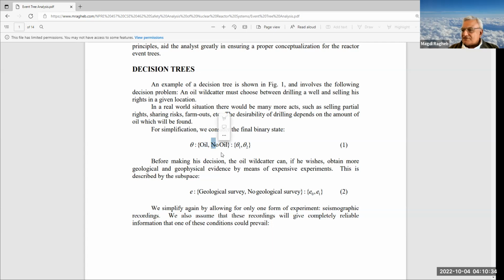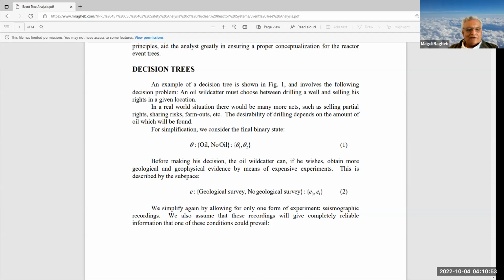This is a binary state, or it could be 0 and 1, in fact. Let's call finding oil theta 1, and not finding oil theta 2, because not all the wells that are drilled end up being productive and producing oil.